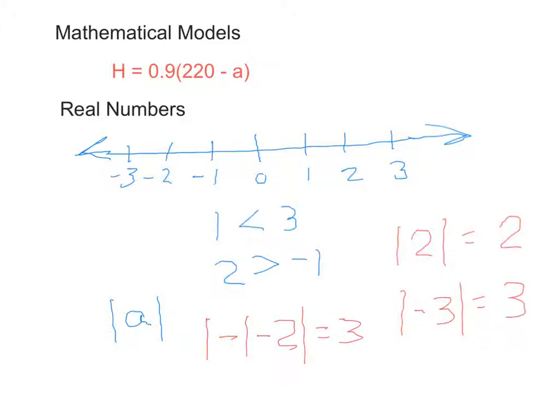Now, it doesn't matter the order in which I do this. I could also have said the distance from 2 to -1 is 2 minus -1, the difference. 2 minus -1 is 3. The absolute value of 3 is 3. So the distance between any two points on the number line is simply the absolute value of the difference of those two numbers.